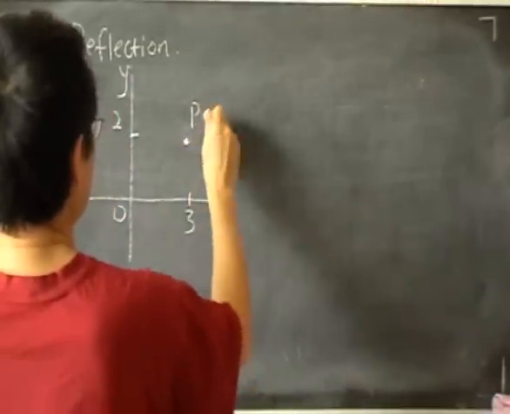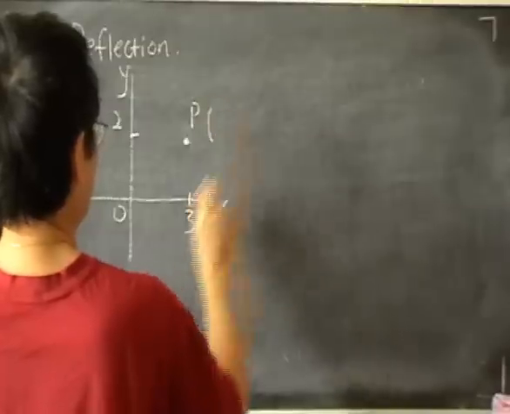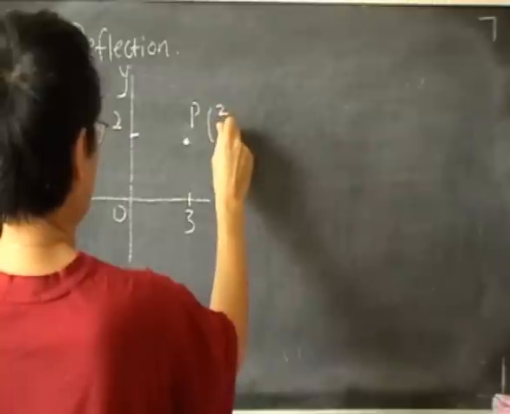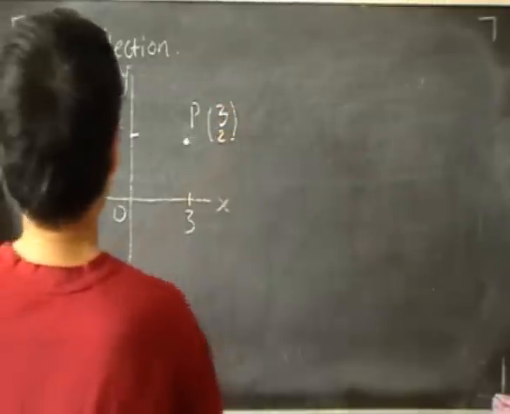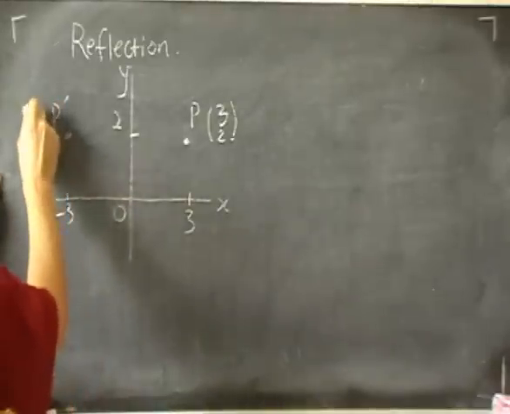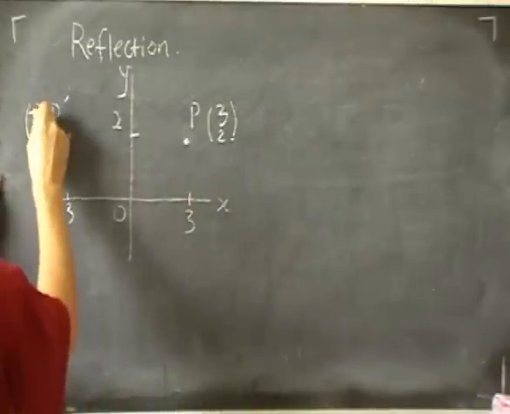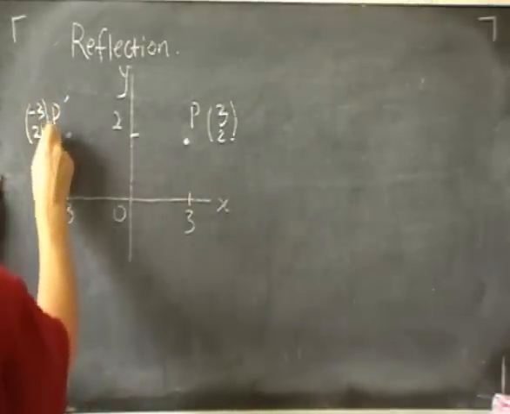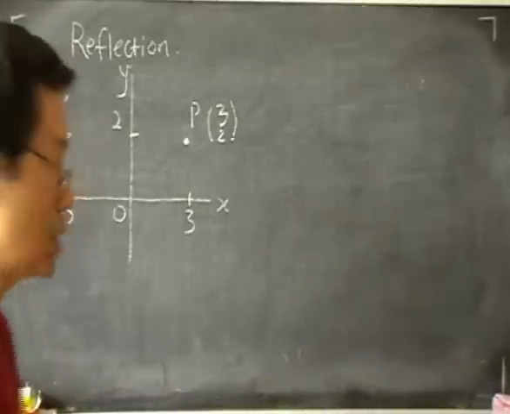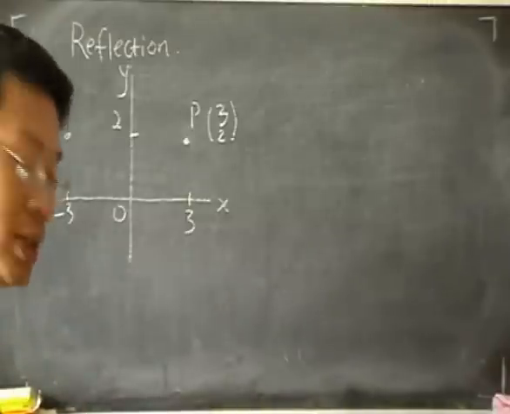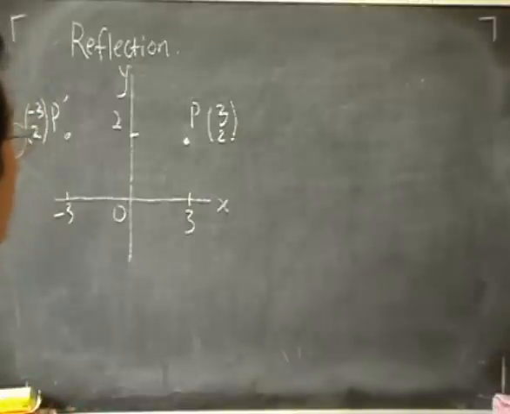The P coordinates are 3, 2, and the P prime coordinates are -3 and 2. So it's easy to see what the answer is, but we can also find this using a matrix.